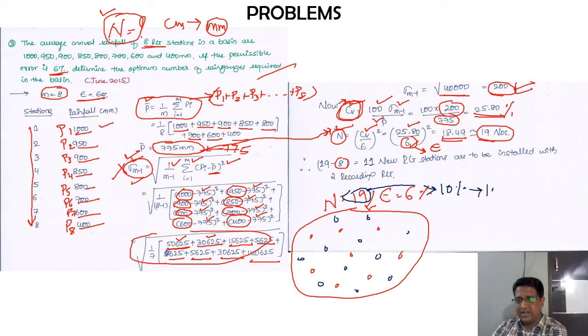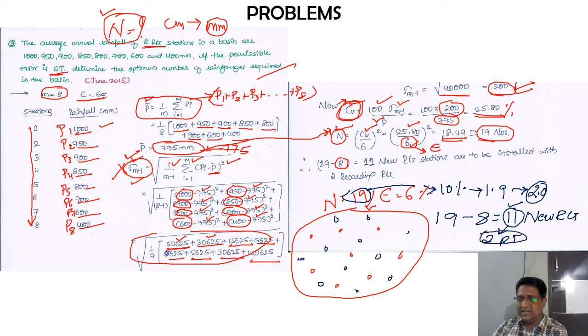So 10% of 19 is 1.9, and I am rounding up to the next integer, 2. So what you should say is the total requirement is 19, already 8 are available, so 11 new rain gauge stations are required, and out of these 11, 2 should be recording type.